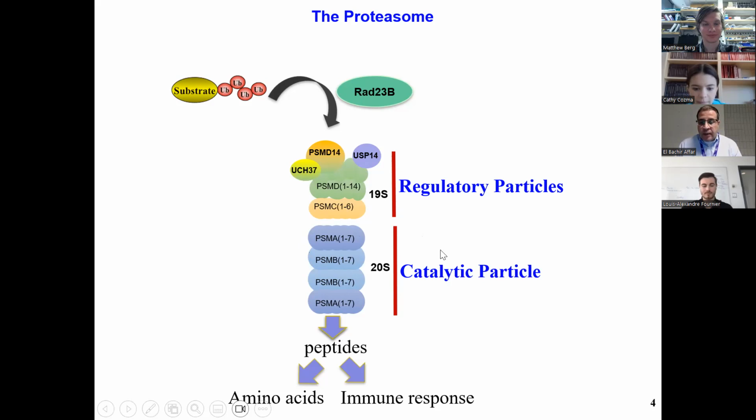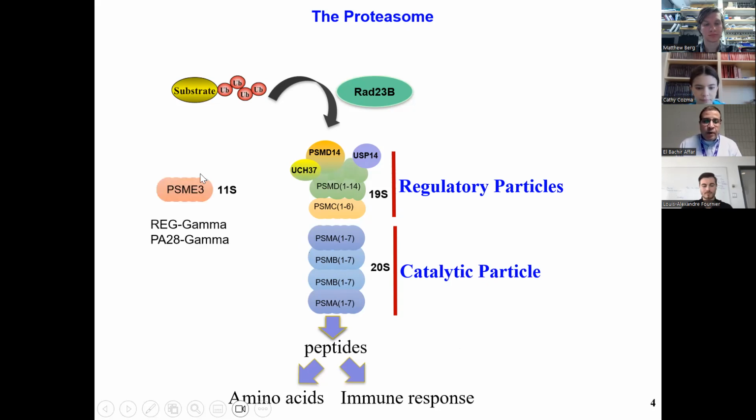We have the catalytic particle of the proteasome, and we have the regulatory particle of the proteasome, which is responsible for unfolding protein substrates, removing the ubiquitin from these substrates, and channeling these proteins into the catalytic chamber, the 20S, for degradation to release peptides that can be used to generate amino acids, and these peptides can also be part of the immune response.